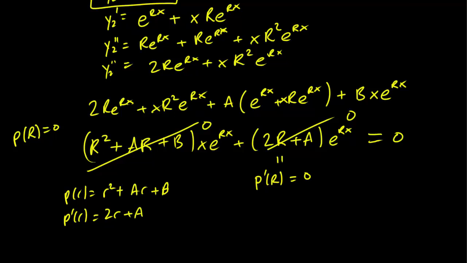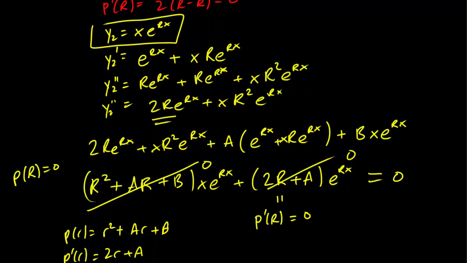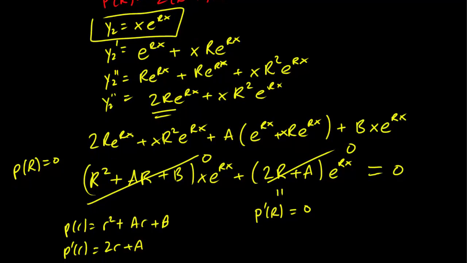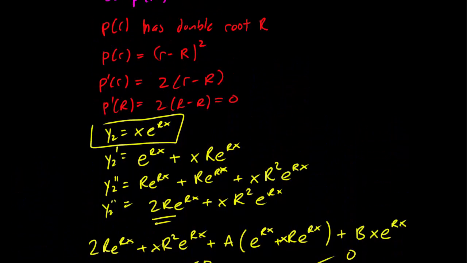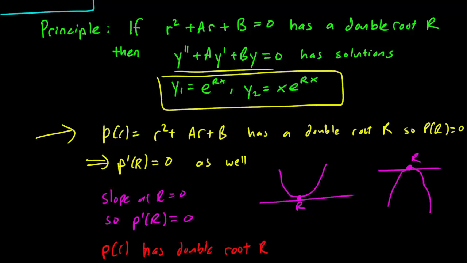Similarly, using the product rule, we have two terms, a 2r term for the e^(rx) component here. So the fact that x e^(rx) is a solution is connected to the fact that both the polynomial P and the derivative P prime have a root at r. And that is why we have this set of solutions when we have a double root.